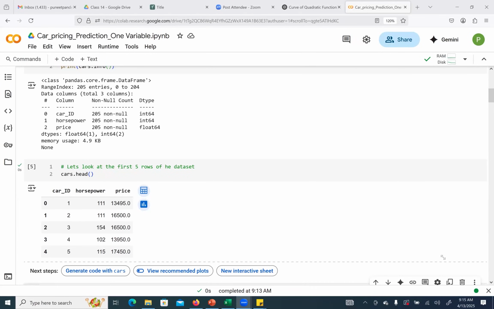It is not just about the uniqueness, but also how that variable was created. If it is just a number which is randomly assigned, then obviously it will not have any impact on our target. Similarly, your phone number will not have any impact on your credit score. Your bank account number will not have any impact on your credit score.